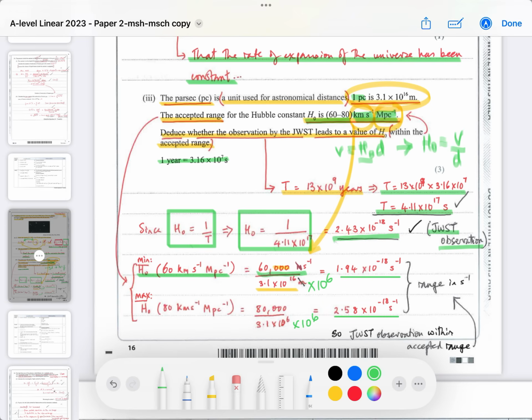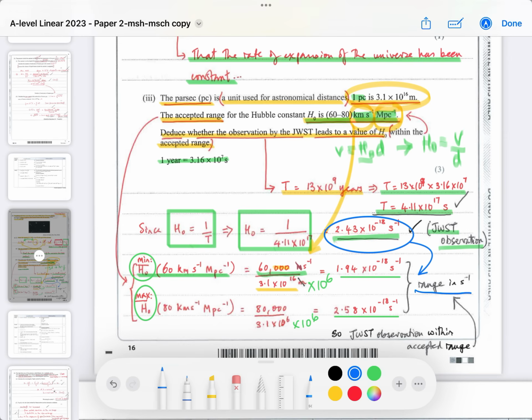The maximum H0 in per second values would be 2.58 times 10 to the minus 18 per second, and the minimum value would be 1.94 times 10 to the minus 18 per second. So you can see that the value we calculated above, let's do it in blue, is in between this range.